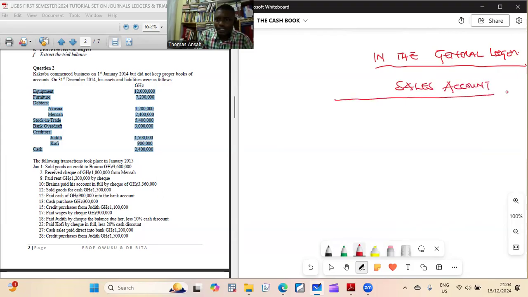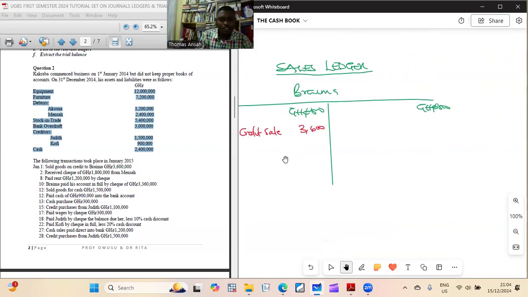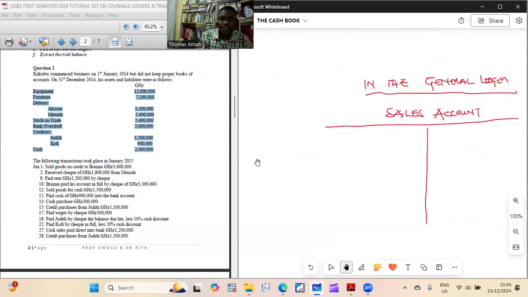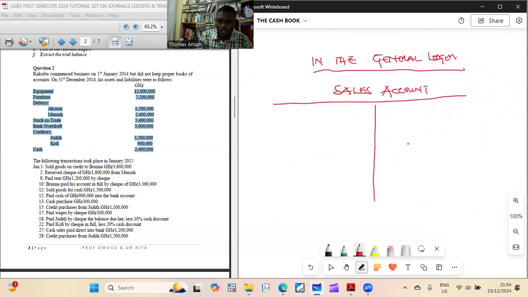Now, inside the sales account, what did you do to Brima? You debited Brima's account. So inside the sales account, what will we do? You credit. So that is like a January 1 transaction. We have Brima. Somebody can decide to also bulk everything up in the journal and splash it into the sales account. You can also do that.